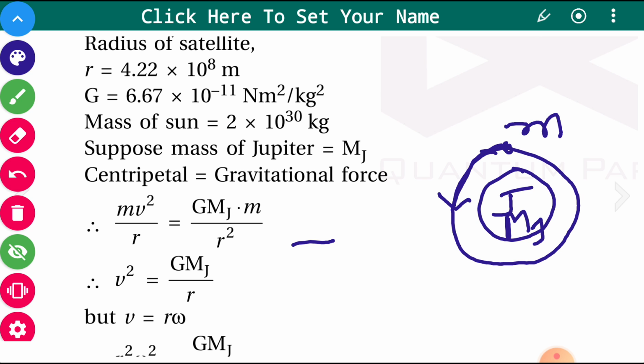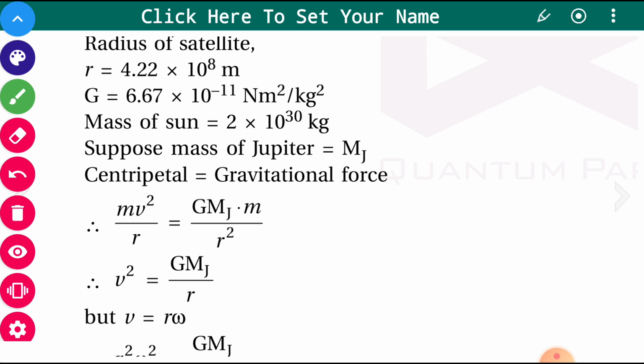So the centripetal force on this satellite of mass m is mv square upon r, and the system is of Jupiter and its satellite. So the attractive force according to the universal law of gravitation is G mj m upon r square. Make v square the subject of the formula as we have done earlier.